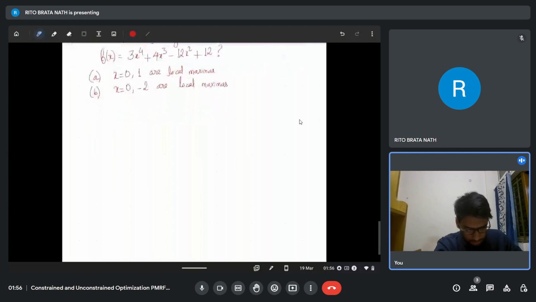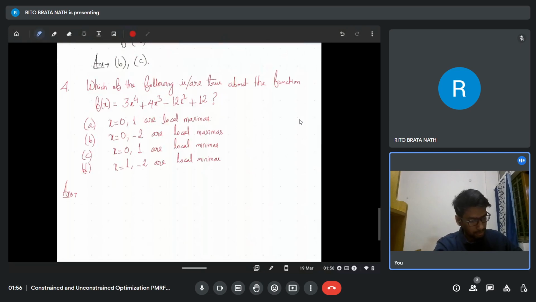Option C is x equals 0 and 1 are local minimas. Option D is x equals 1 and minus 2 are local minimas. Okay, so these are your 4 options and let me solve this.